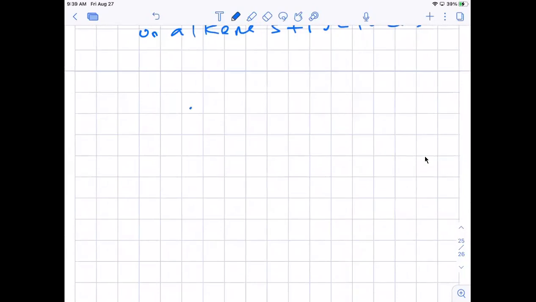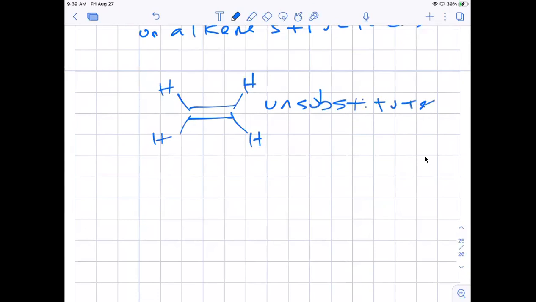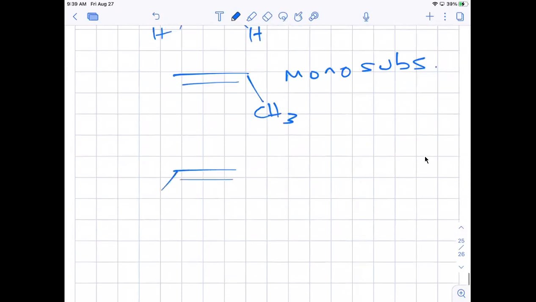So if I have a double bond that's unsubstituted, meaning everything on it is hydrogen, and then I start adding in substituents, this is mono. I'm just going to abbreviate substituted. That's my least favorite word in the whole English language. I hate spelling it and I hate saying it. So this is disubstituted.